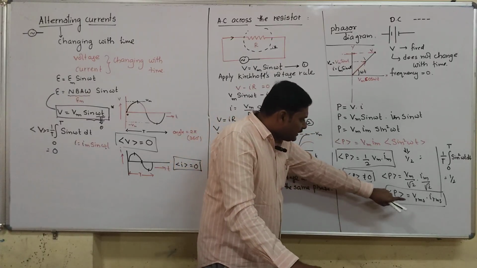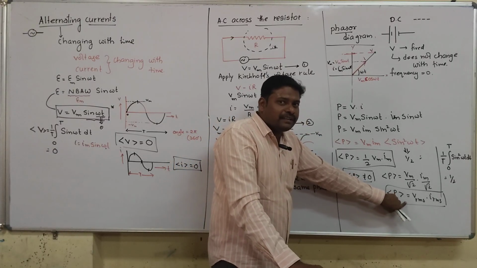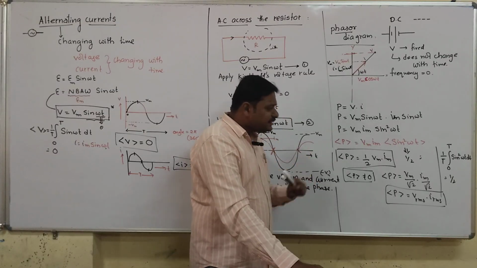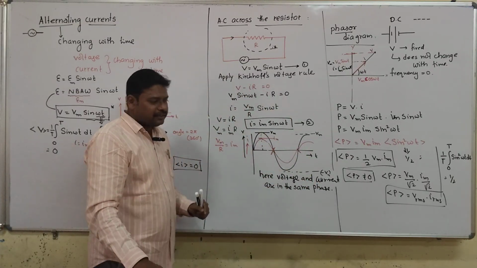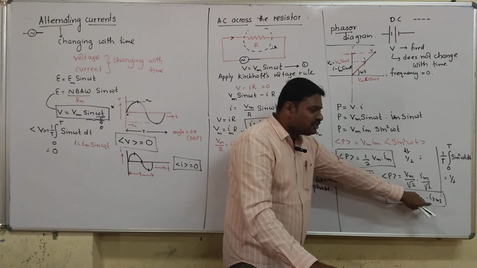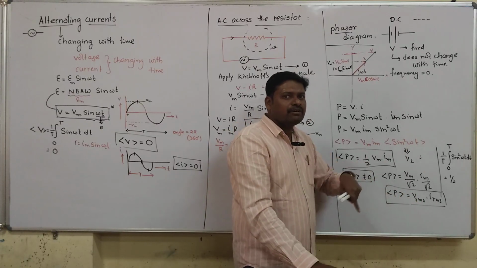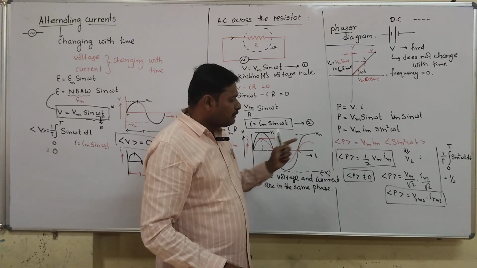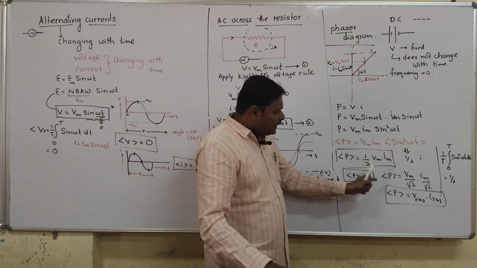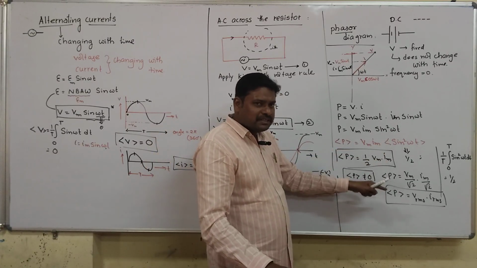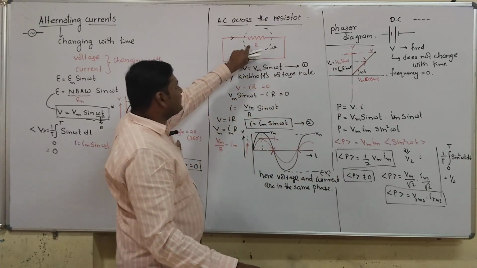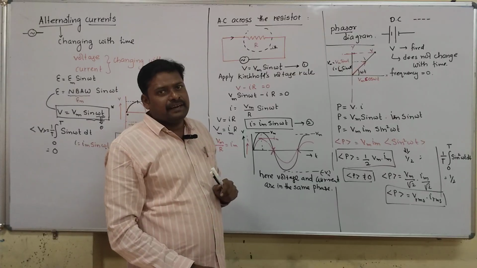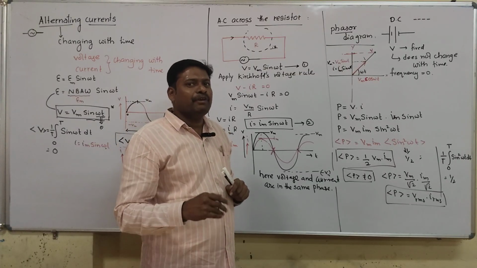This is equivalent to the power drawn in the DC circuit also. Whatever formulas are chosen in the DC analysis, the same formulas apply here. So this value Vrms into Irms, or V into I, is equivalent to the DC circuit that we had seen in the previous chapters. So the average power over one cycle is not zero in the resistor circuit, but this would be different in the inductor and capacitor circuits that we will see later.